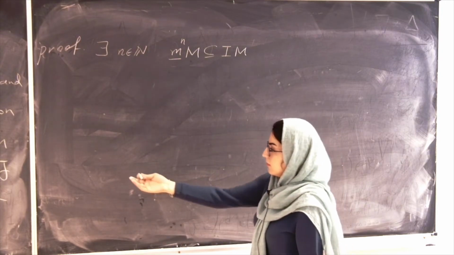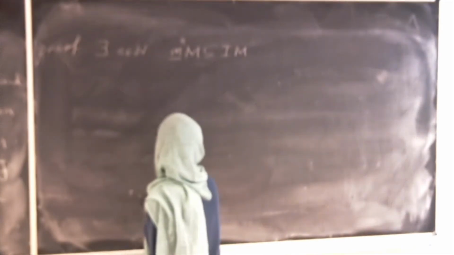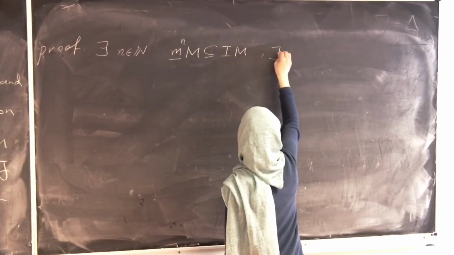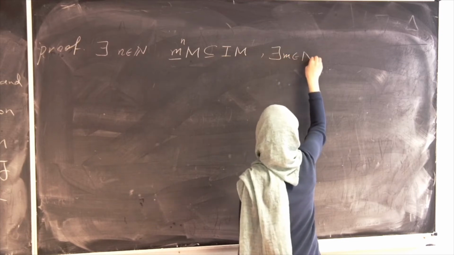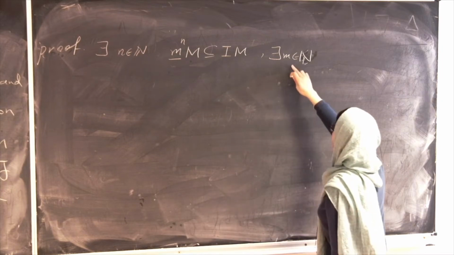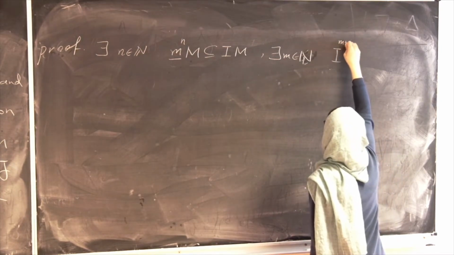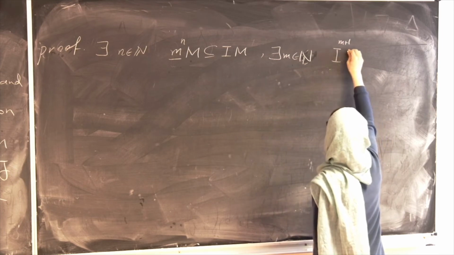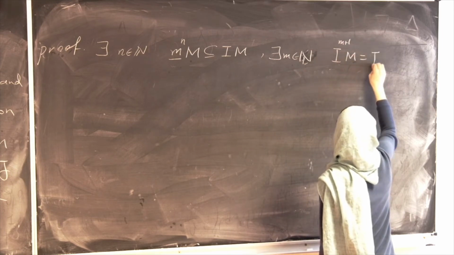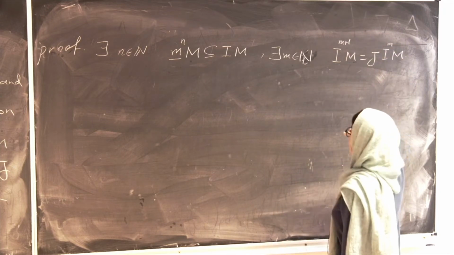And by definition, when J is a reduction ideal of I, there exists some positive integer m such that I^{m+1}M is equal to J I^m M.